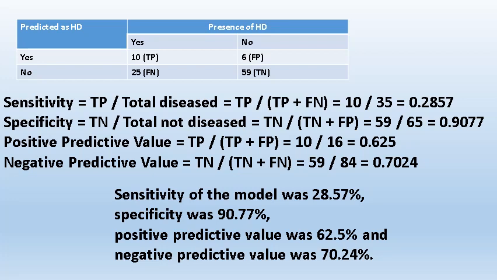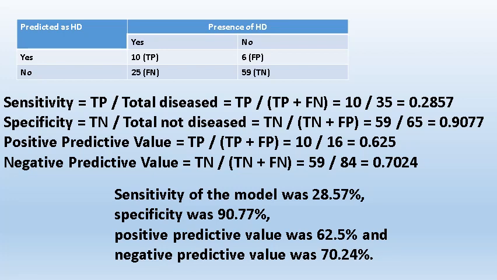Now we can calculate sensitivity, specificity, positive predictive value and negative predictive value of the model. Before that, you need to make a table. How many of the predicted are really having heart disease? How many of those not predicted as heart disease by the model are really having heart disease? So we need to make a table format like this.